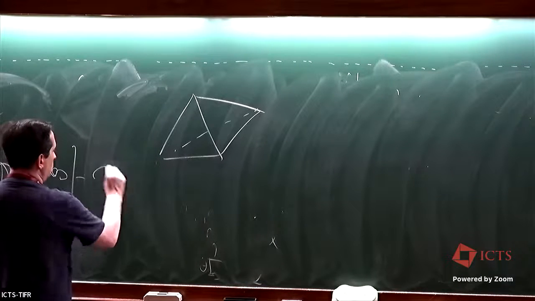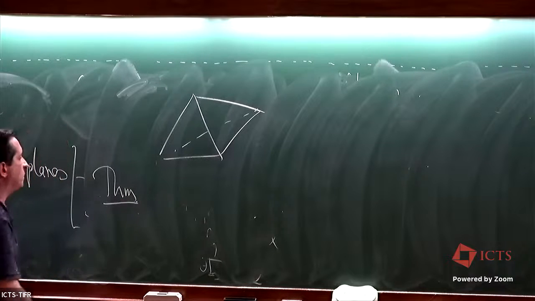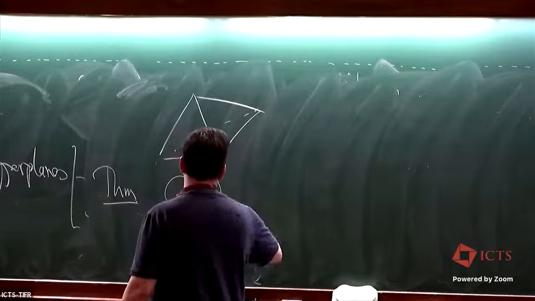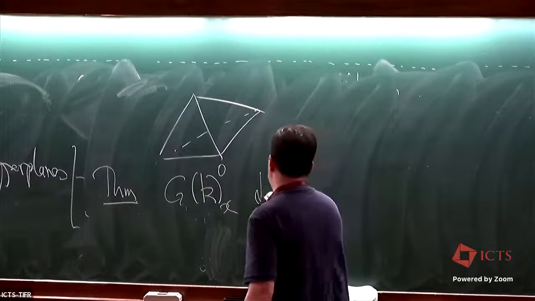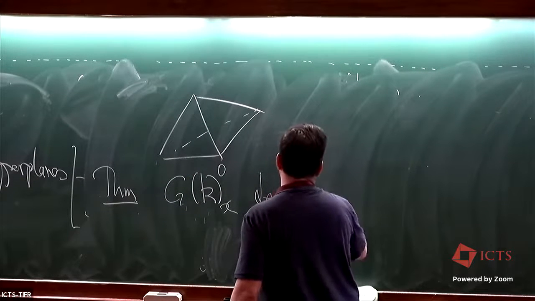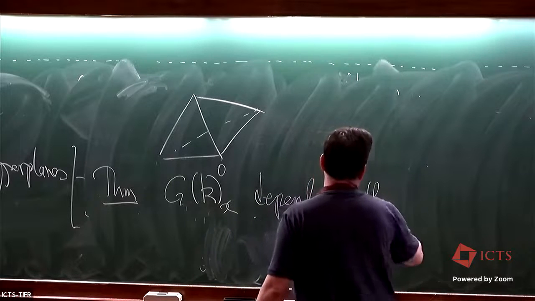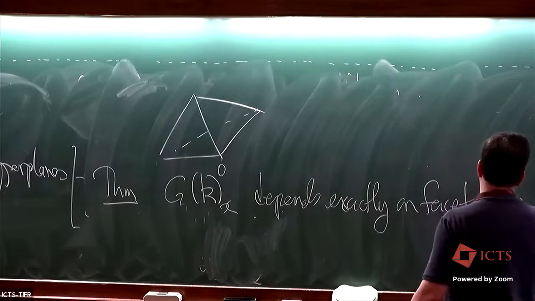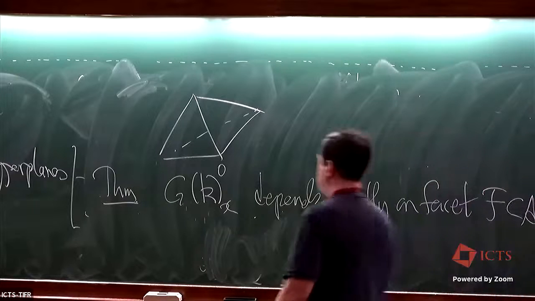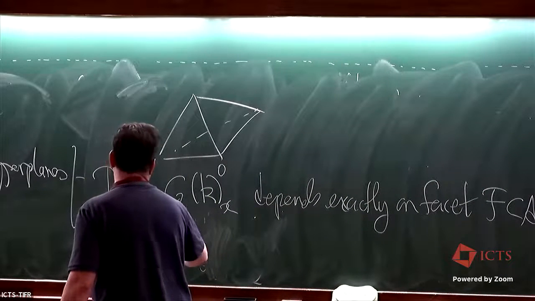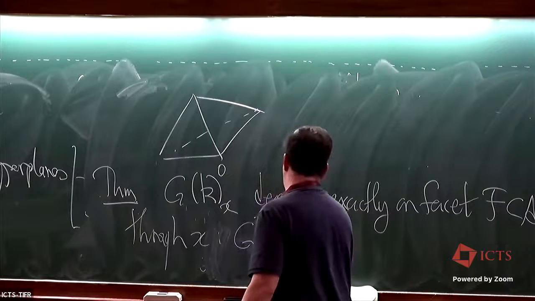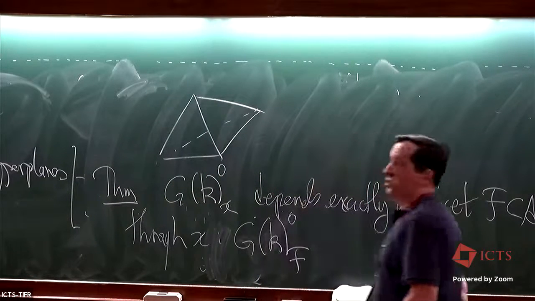Okay, so here's a remarkable theorem, which is that these groups that we've made for each point of the apartment depend exactly and only on the facet in the apartment through x. So we may then call it G_{k,F}^0.